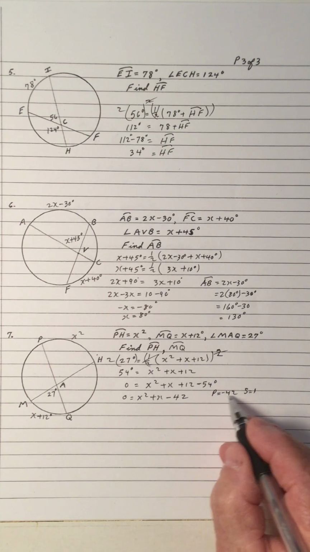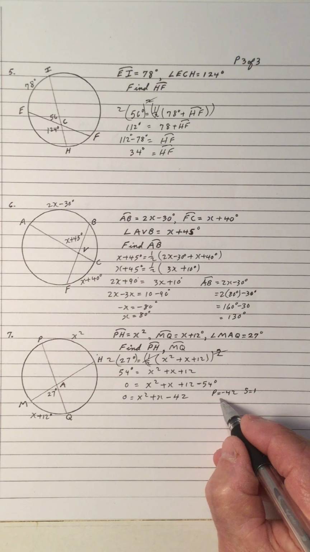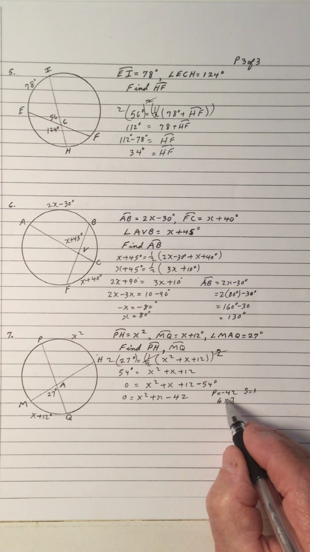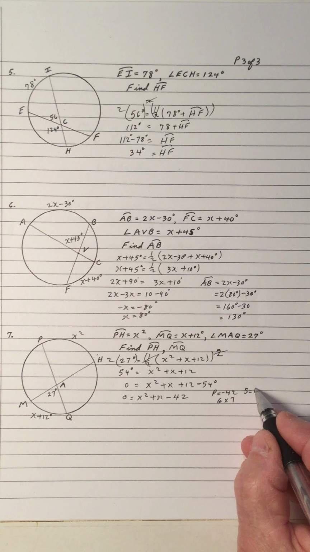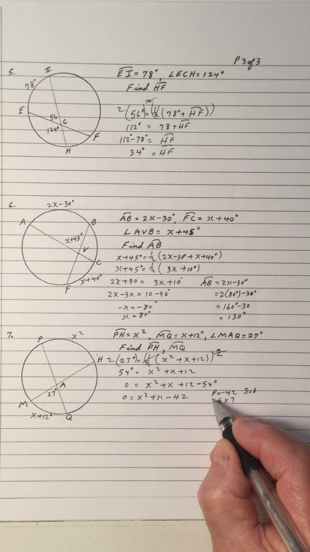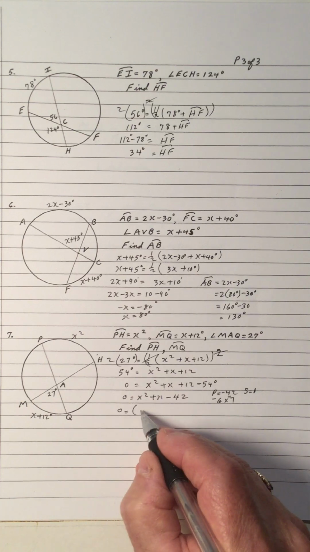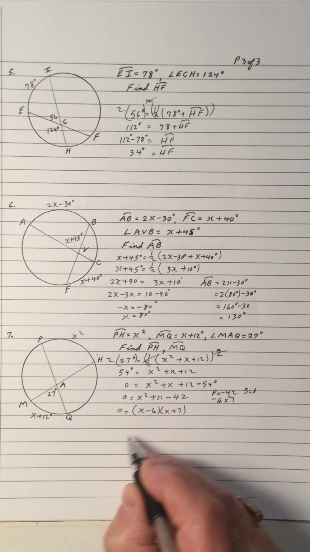So what factors of 42? And the product is negative, so it's got to be plus and minus. So I think of 6 times 7, and the product is 42 and is negative, so one of these has to be negative and one is positive, but the sum is 1, so it has to be negative 6 plus 7. So that means it's going to be x minus 6 times x plus 7 when you factor.